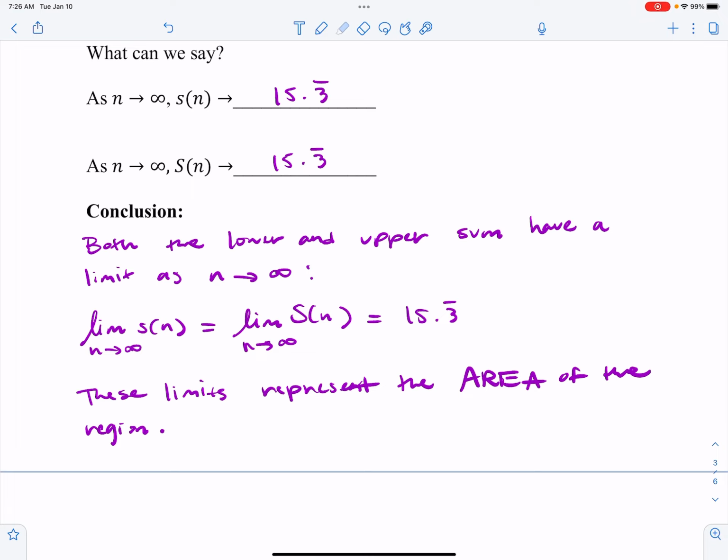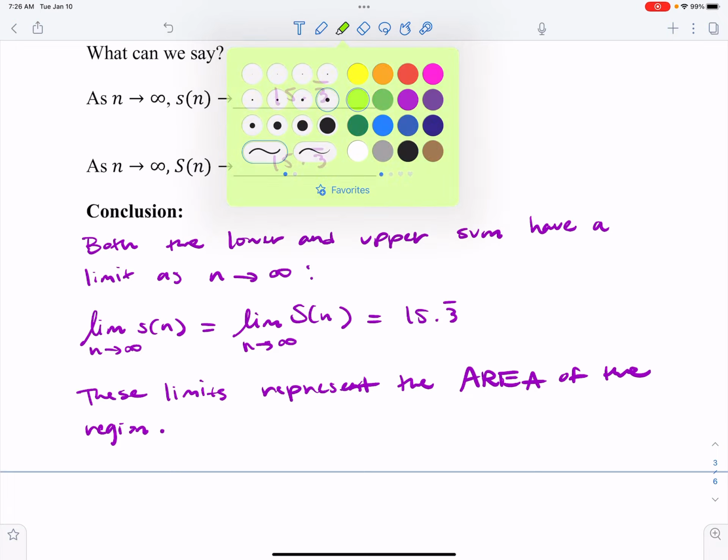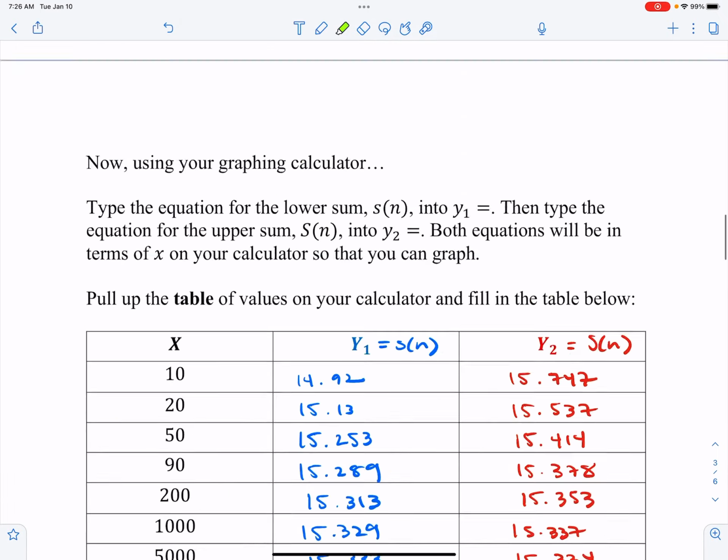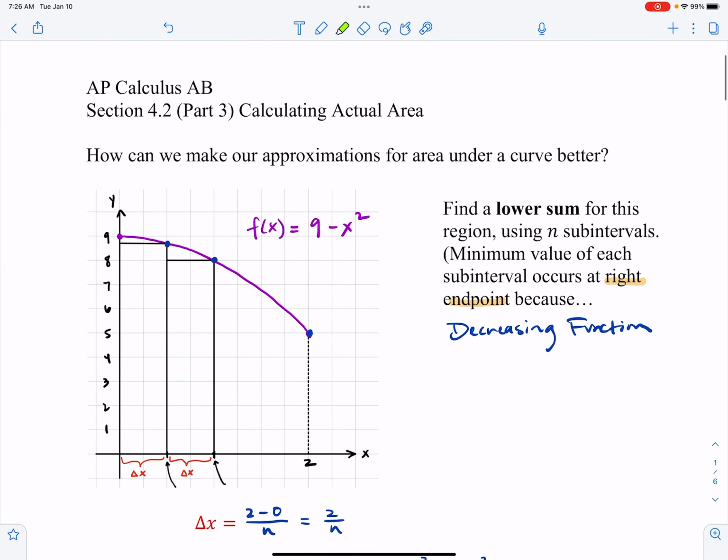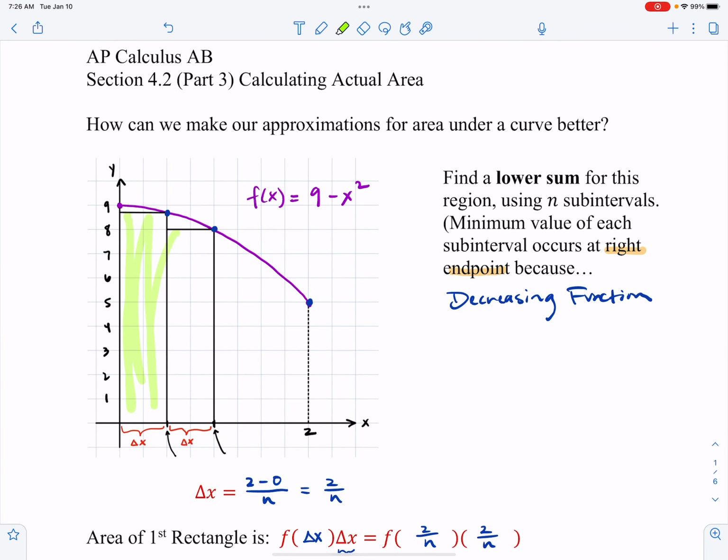So the actual area under the curve here is 15.3 repeating.